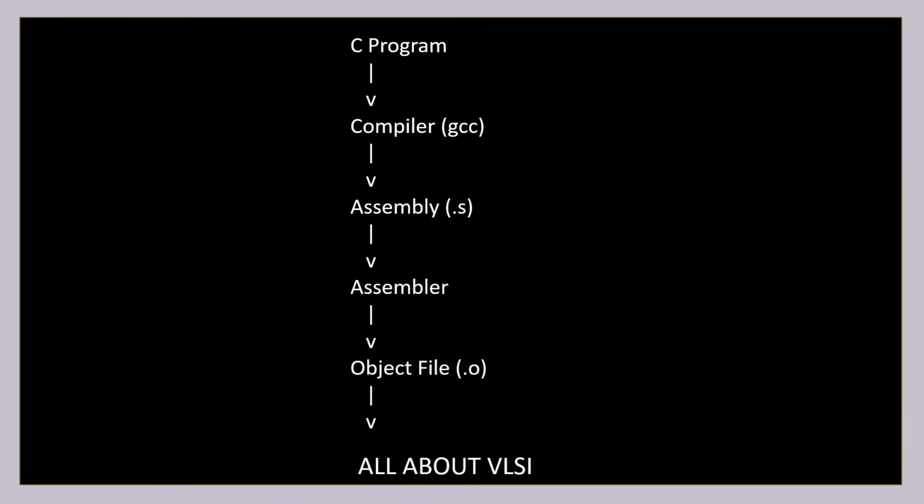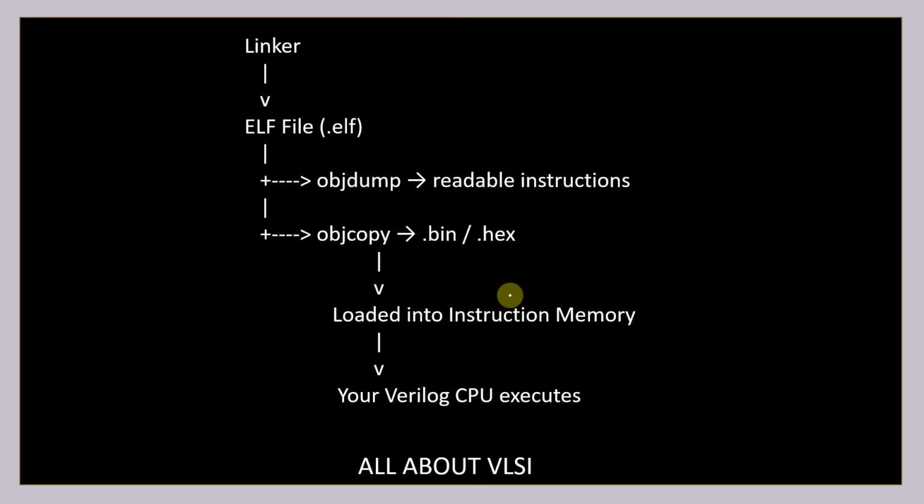This is the flow we are going to follow. We are going to write a C program, and the RISC-V toolchain has a compiler and assembler, which is going to convert our C program into these particular files. Using the linker, it is going to generate a .elf file, and from the ELF file we are going to have .bin and hex.